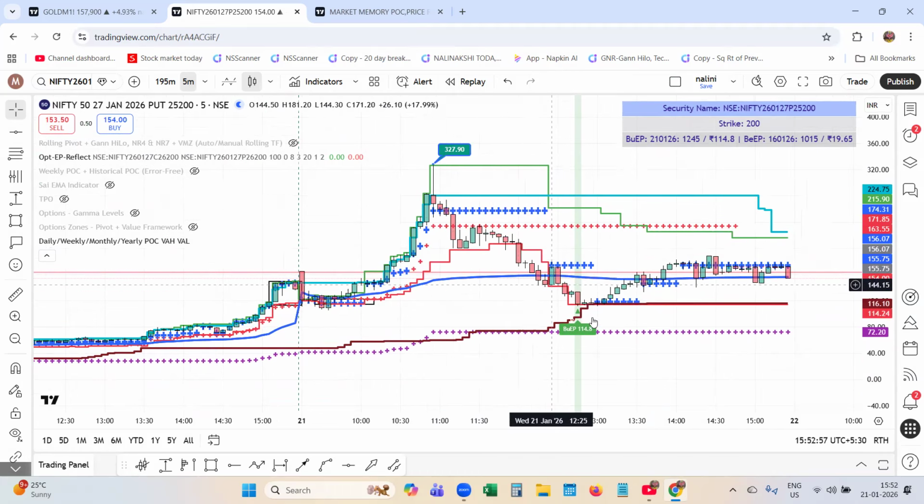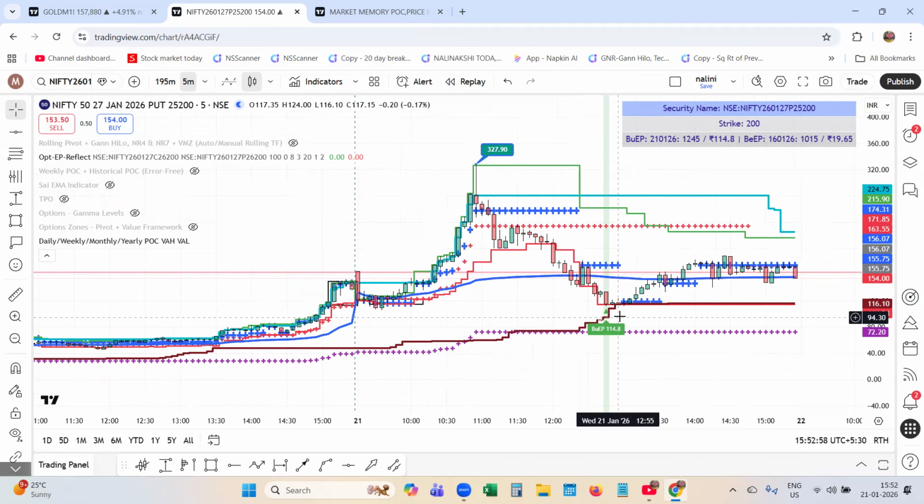From there, it plummeted down to 114 because market started moving higher from 11 a.m. You can see this was the POC here, and this is the option value area high of the option zone, and value area low of the option zone.